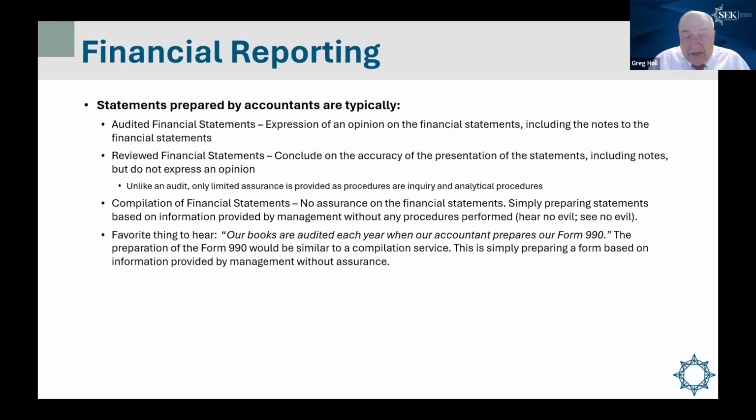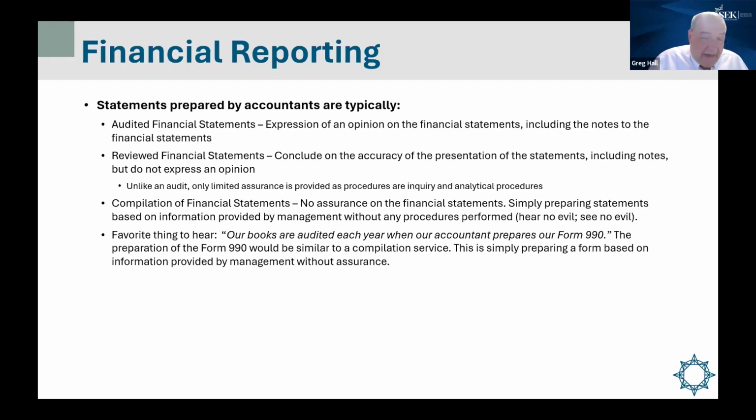We hold a conversation with management regarding whether there's any fraud, and with board members regarding any fraud. We're required to report if there are any internal control weaknesses. We assess the risk of material misstatements in different areas of the audit and perform our audit to achieve those objectives. So it's a high level of assurance.